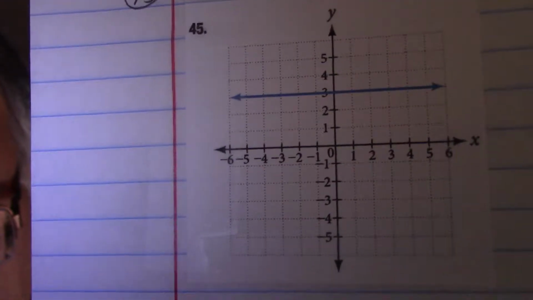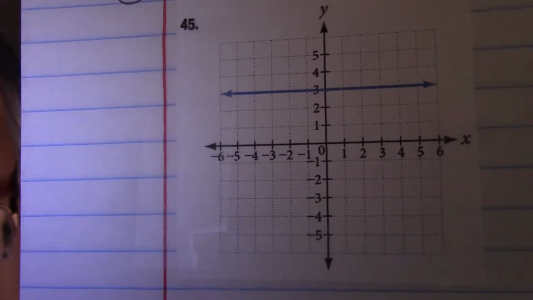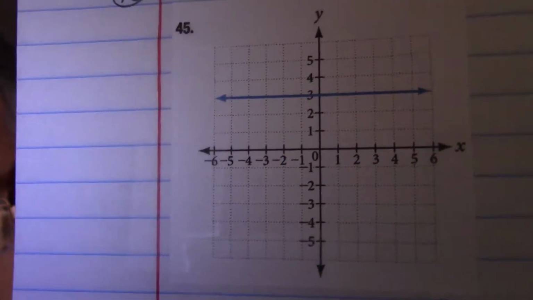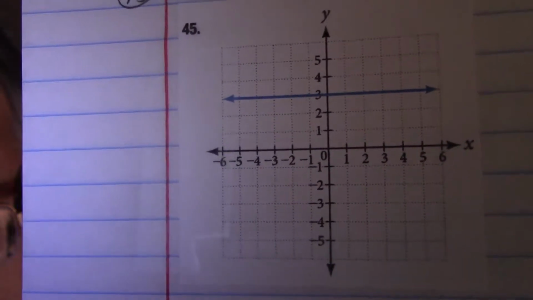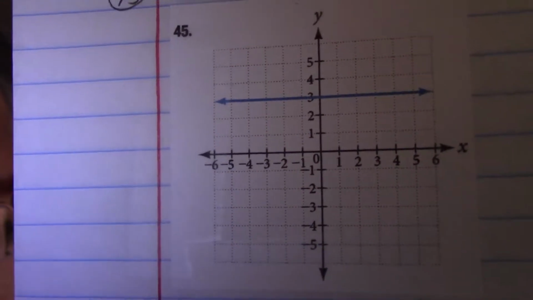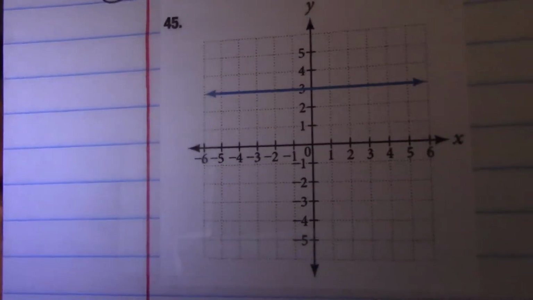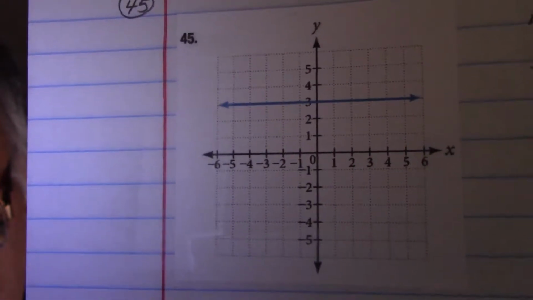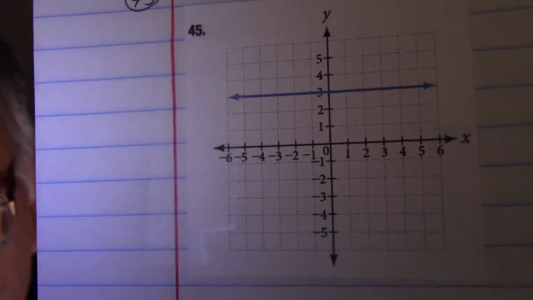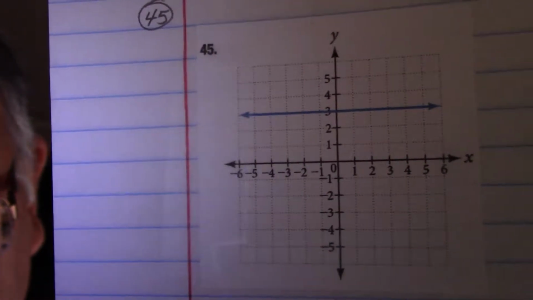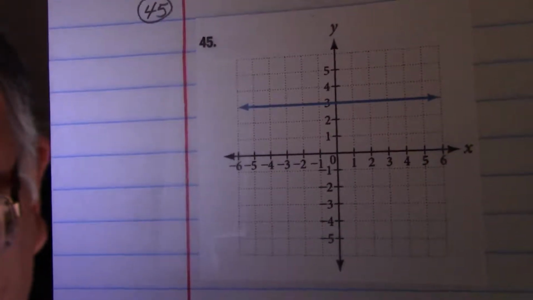You're going to have every single possible value for x, every real number for the x-coordinate will be represented as one of the points on this line, and the other coordinate's always going to be 3. So it's some x-coordinate and 3. Okay? So no matter what the x-coordinate is, y always equals 3.